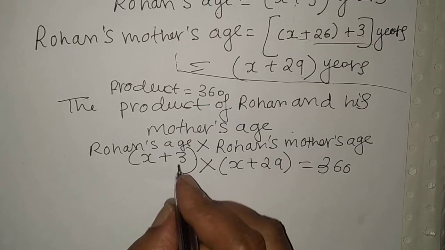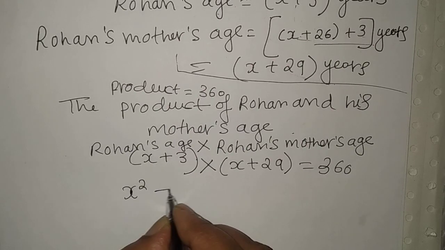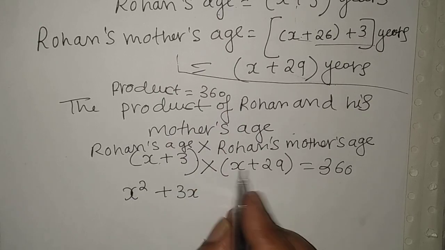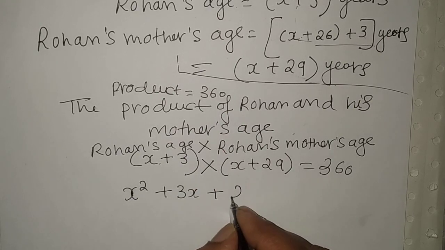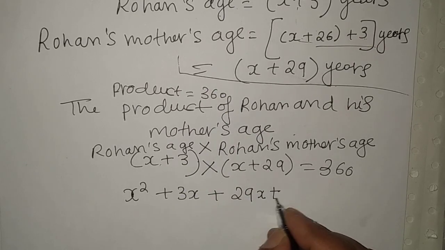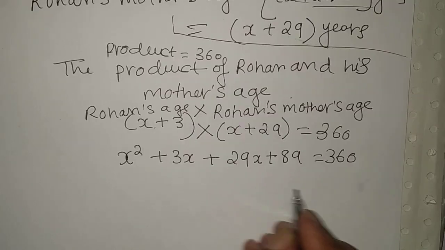So multiply now, we get x square plus 3x, x into x is x square, x into 3 is 3x, plus 29 into x is 29x, plus 29 into 3 is 87, which is equal to 360.